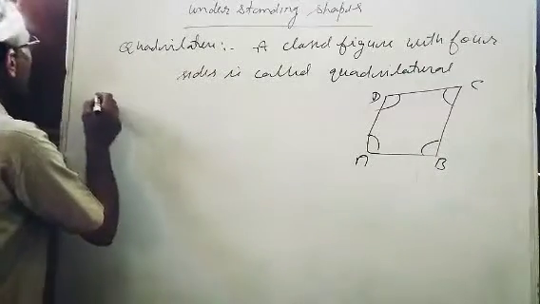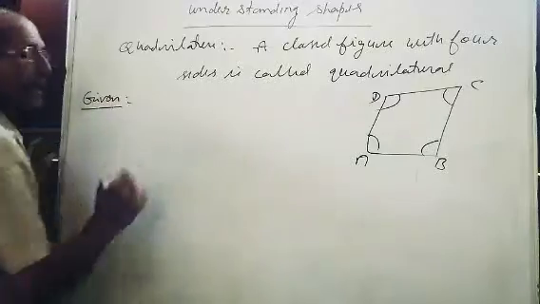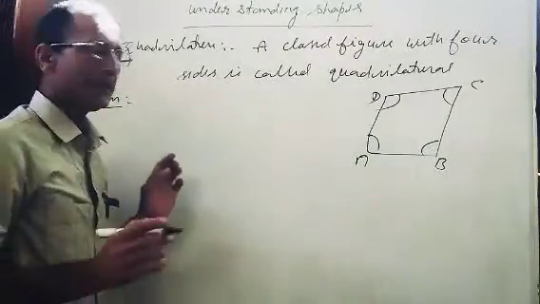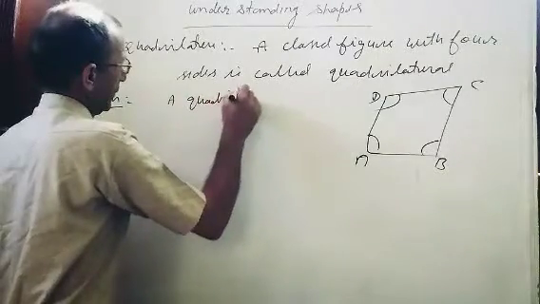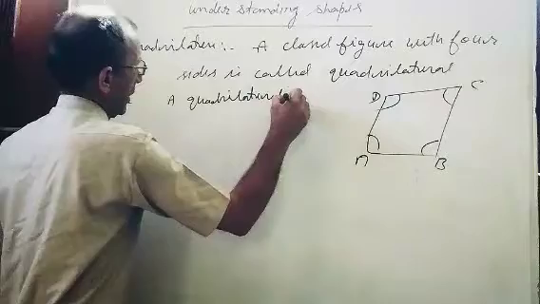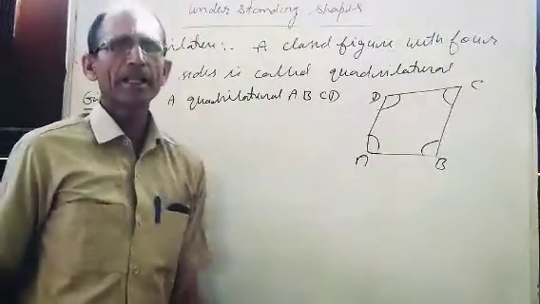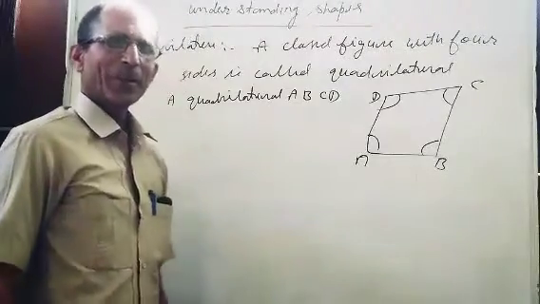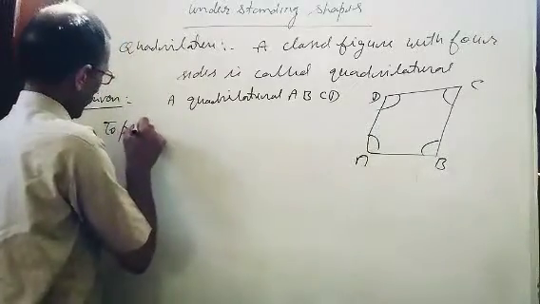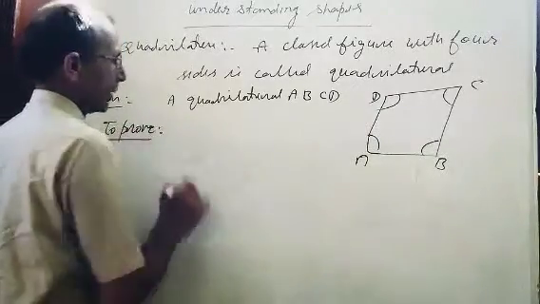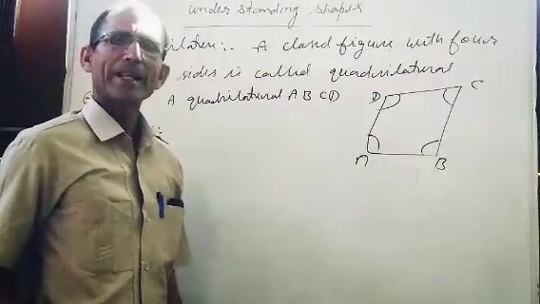So what is given? Given a quadrilateral ABCD. We have to prove, to prove, that the sum of the interior angles of a quadrilateral is 360.